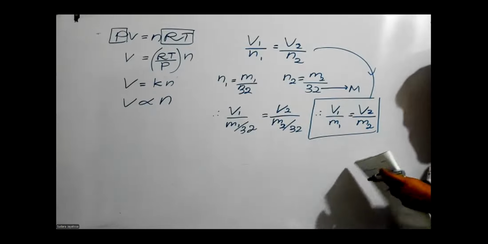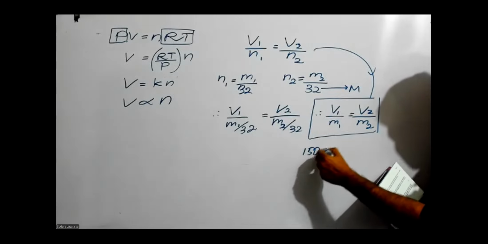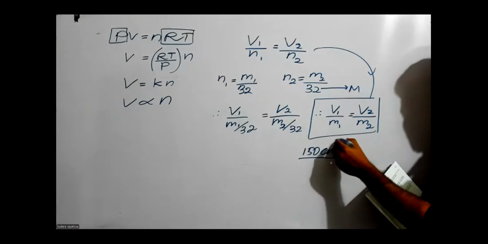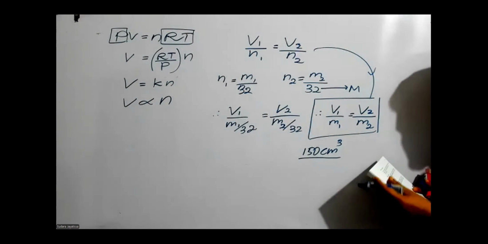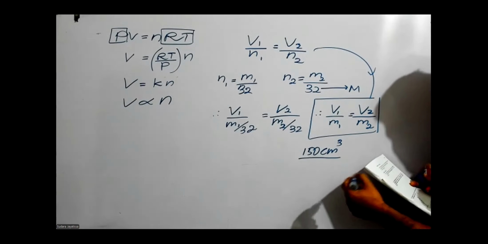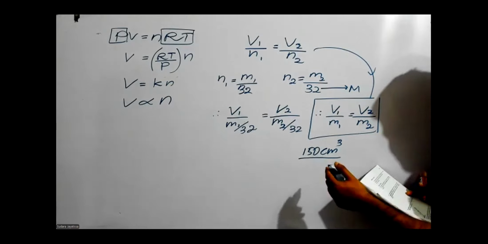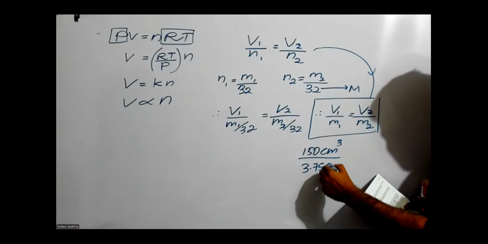So what are the values given? V1 is 150 cubic centimeters. You don't need to convert units, just keep them for this equation. But whenever you are using temperature, you must give it in Kelvin. I explained the reasons earlier, so refer to that. And here it is 3.75 grams.